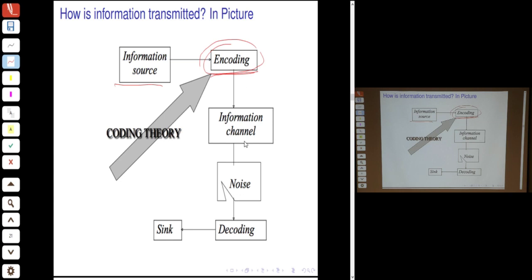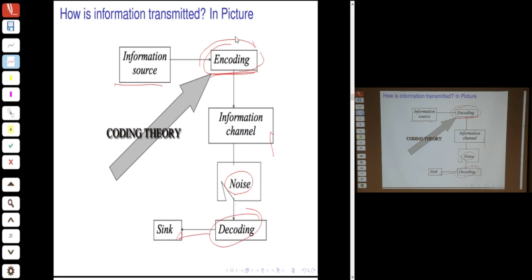This signal you transmit via an information channel where it picks up noise, where it is sort of smeared with noise, and then you receive this noised version of the signal at the side of the user, where you do decoding, and then this gives you the final outcome of the transmitted information.